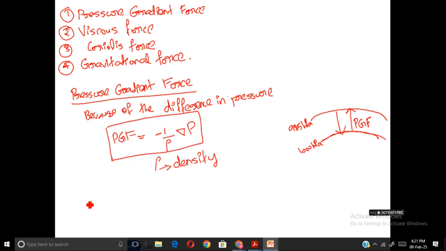And we discussed the hydrostatic equation in the last class, I guess, and this equation is very much important in atmospheric science. It is dP by dz equal to minus rho g. This is basically the pressure gradient in the vertical direction.